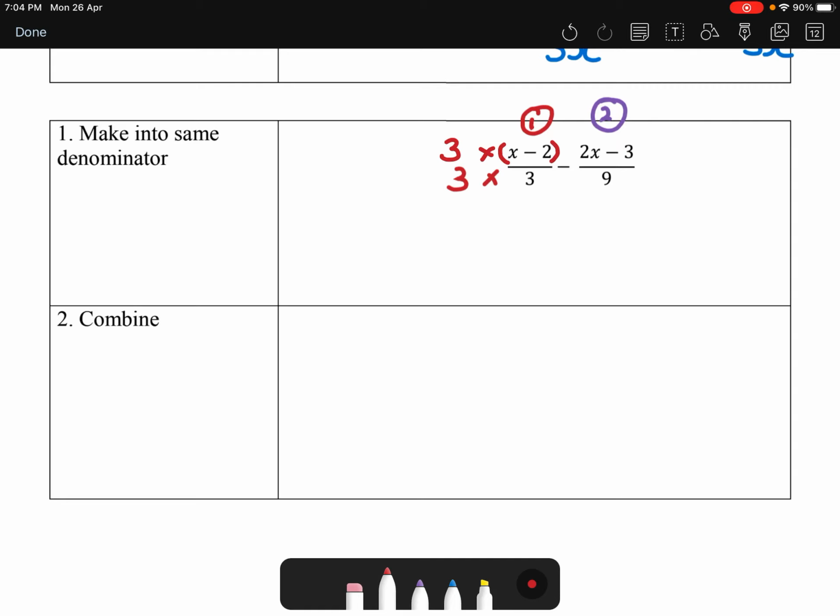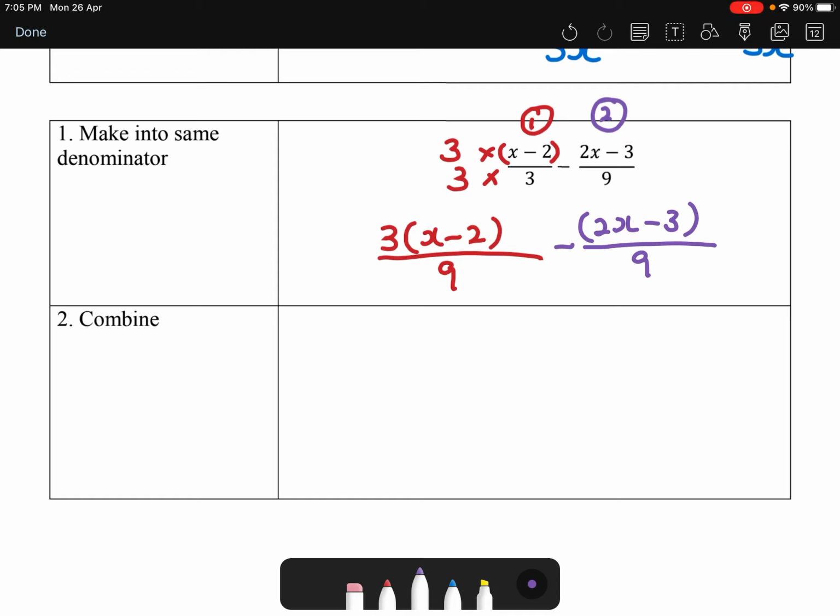You will see why I put a bracket. So for the first term, put 3 bracket x minus 2. For the bottom, 3 times 3 is 9. Then you put your minus. For the second term, you don't need to do anything, but please put a bracket first, because I will tell you why later.